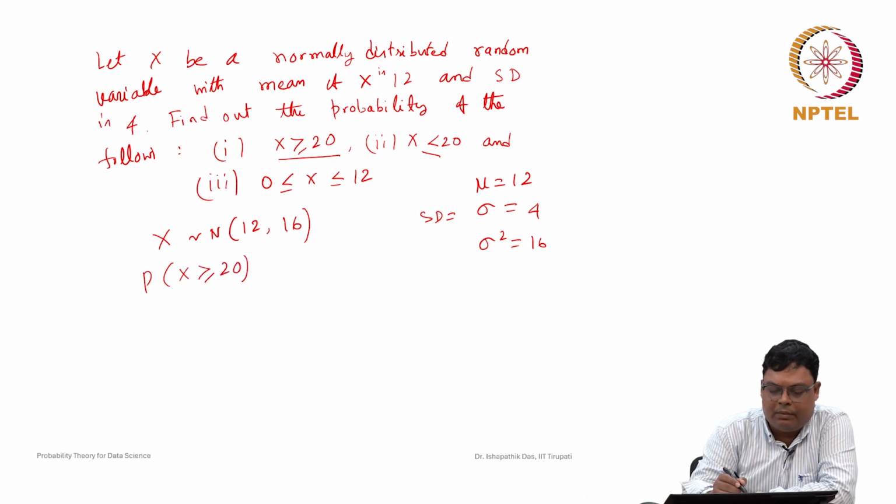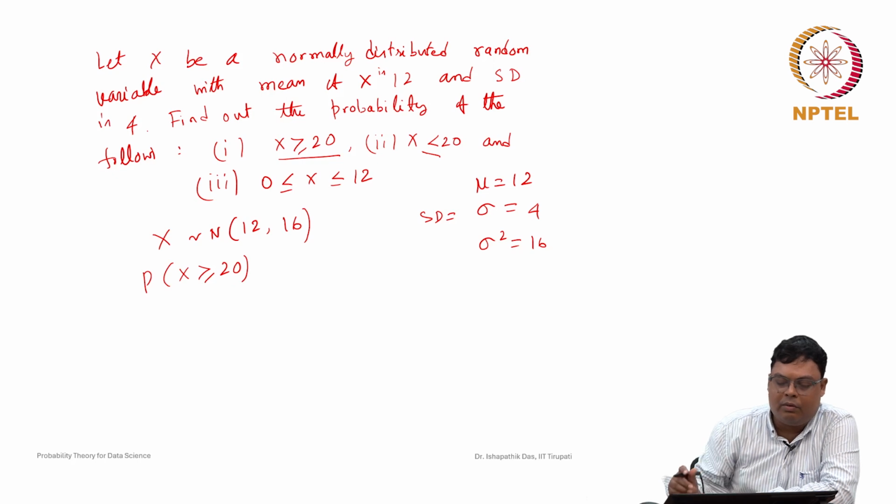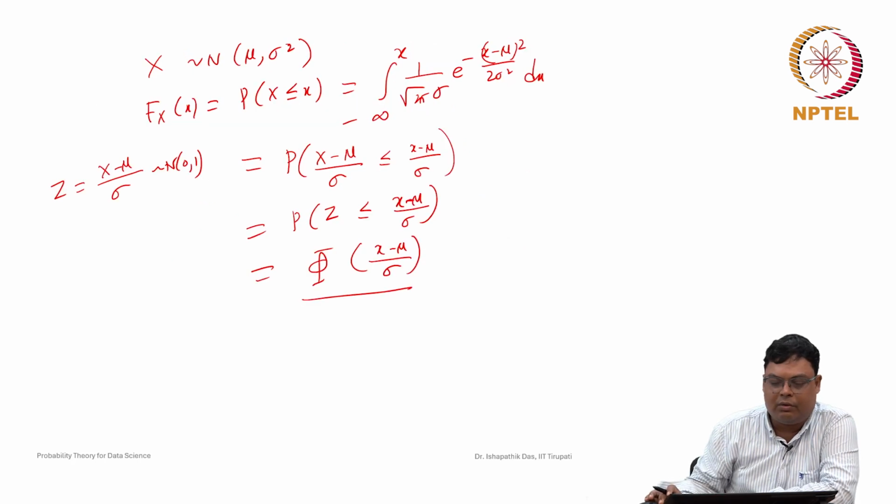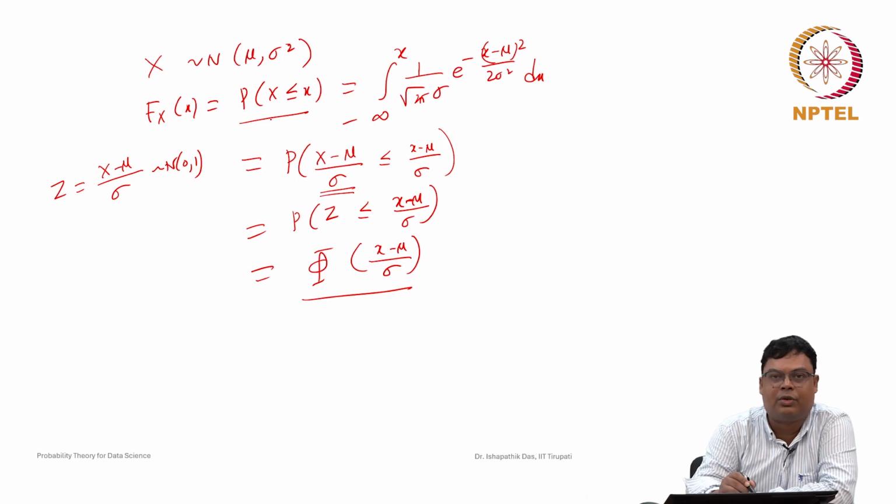How do we find that? Whenever we want to find a probability for a normal distribution x having mean mu and variance sigma square, we will take some kind of transformation.